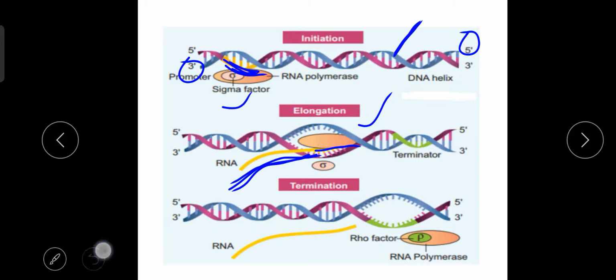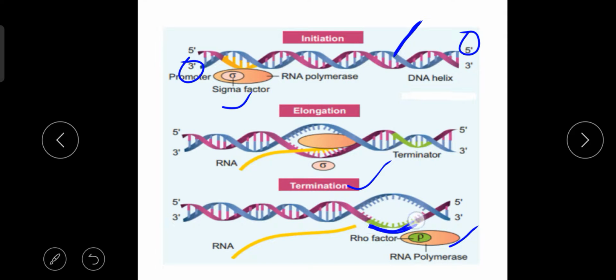Now the last one is the termination. In termination, when the RNA polymerase enzyme reaches the terminator region, which is the green colored region you can see clearly here, the process of transcription terminates.